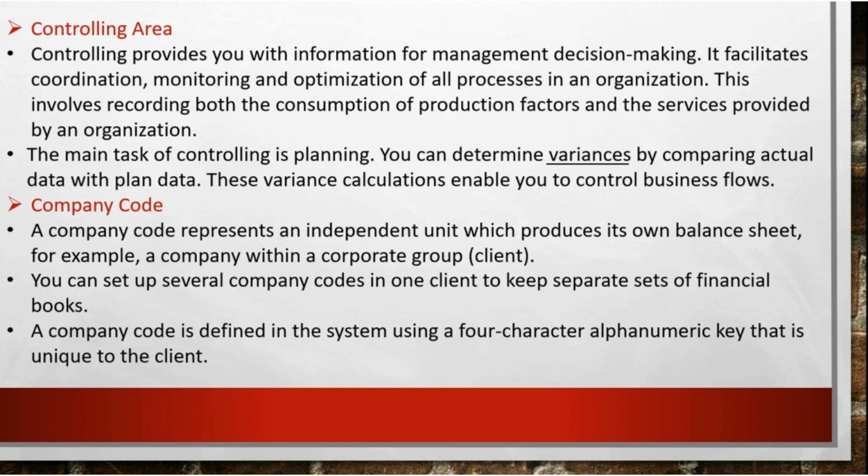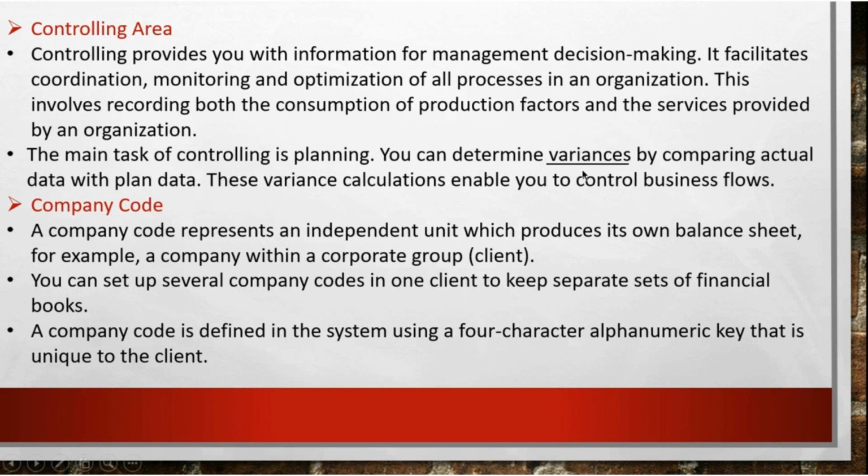They can monitor from the top level. It's like an eagle eye. So the controlling area controls the whole business flow from the financial as well as logistical point of view from the top level. You can see here the main task of controlling is planning.